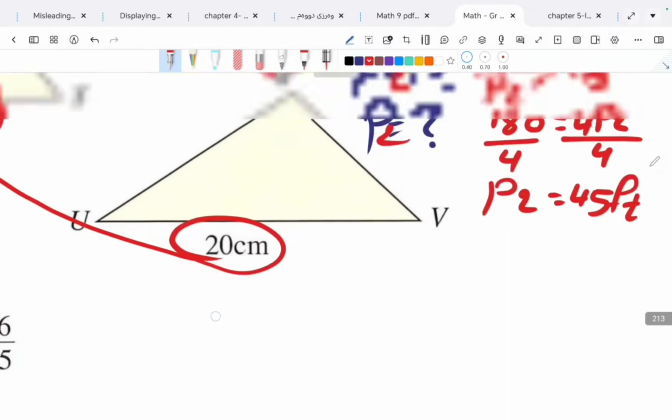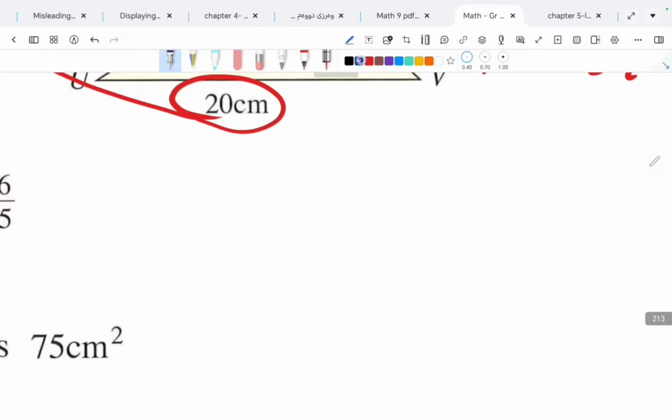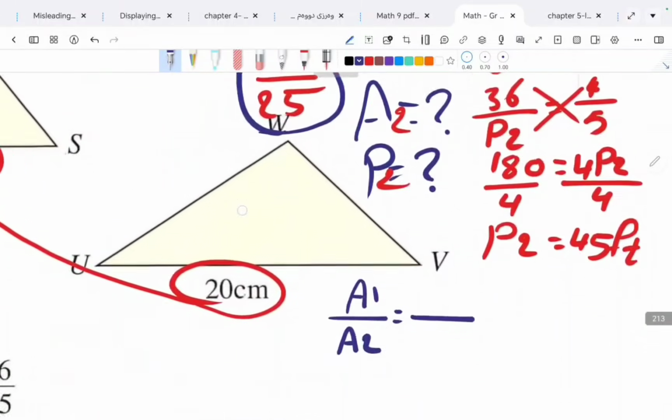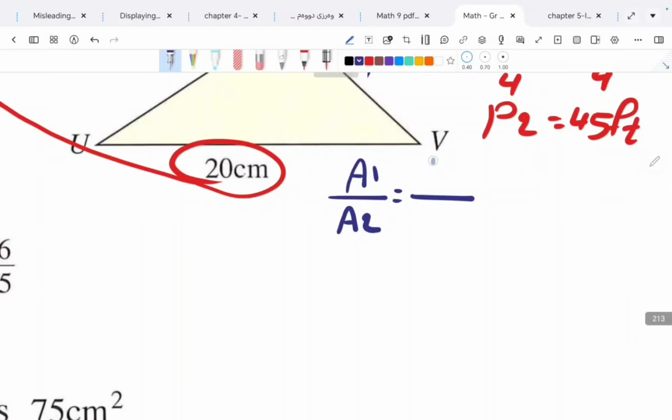What about area? How to find area? For area, we will say again A1 out of A2. Can you write 4 out of 5? No, of course not. You have to write the ratio of area, which is 16 out of 25.